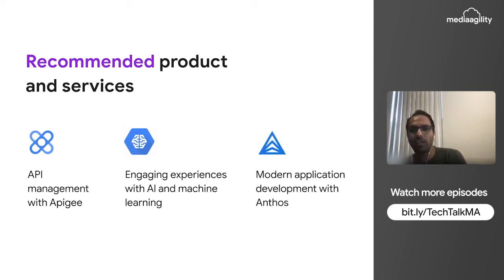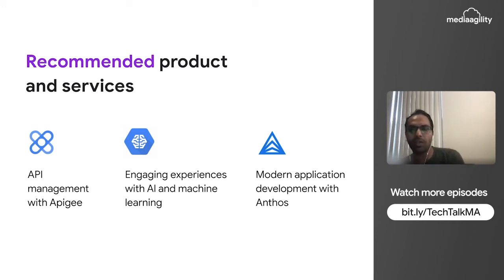Anthos is again a great tool which you can use for API-based management. It allows you to build microservices where you can combine applications from on-premise and the cloud as well.